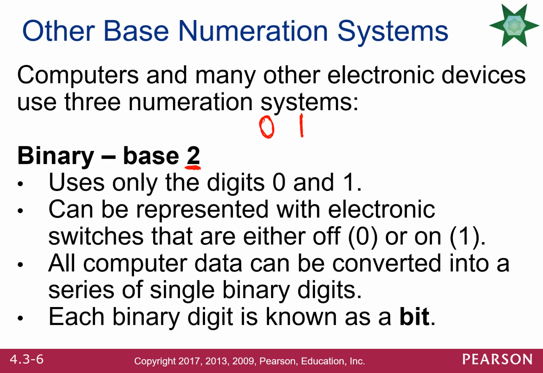So each binary digit is known as a bit, which means that this 0 is a bit, this 1 is a bit. We call them bits, and a combination of 8 of these bits represents a byte. All right, so we will learn about that. That will be the base 8 or the octal system.